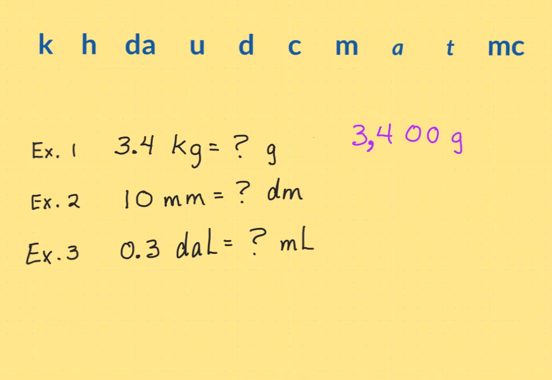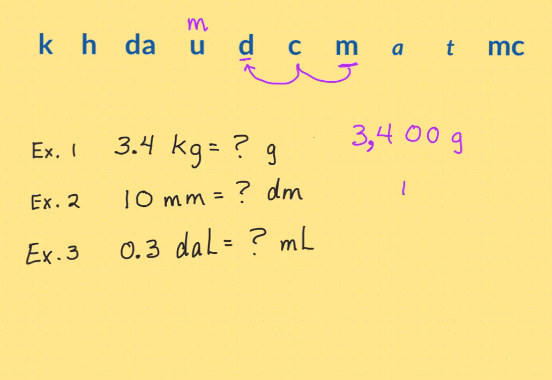For the next example, my unit will be meters, or the meter. All right, I have 10 millimeters, so I'm going to start here at millimeters, and I'm going to move to, now be careful, it's just a D. I'm going to be moving to decimeters. So I'm going to move the decimal place to the left.